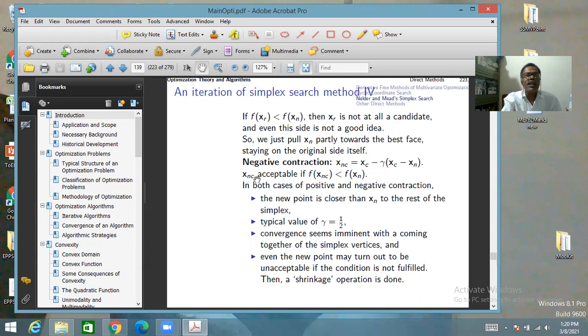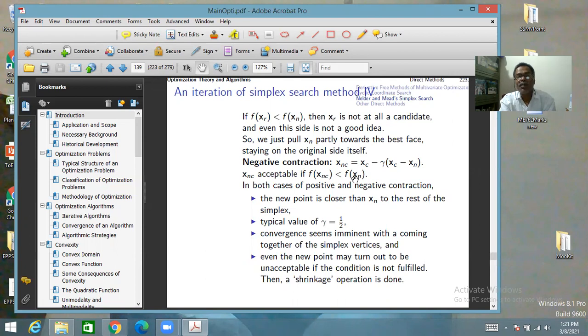And again here also, this new contracted point is acceptable if the function value here is at least better than the worst point. Because you are not comparing with the reflected point, because you have left that side, you are on the old side only. So you compare with the old side. It has to be better than this for acceptance.